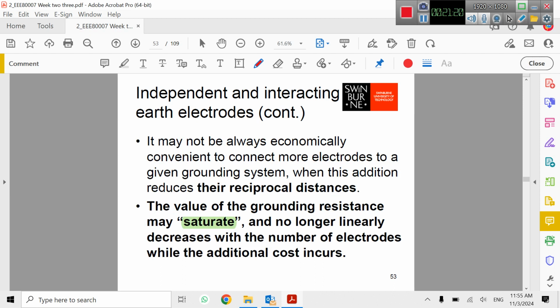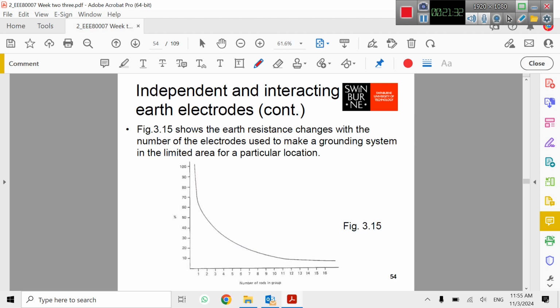In the case of installing more and more electrodes in the ground for one place or one substation, finally we reach this graph, which shows the number of rods in the group, how many rods you install from 1 to 16, and the effectiveness in reducing the resistance.